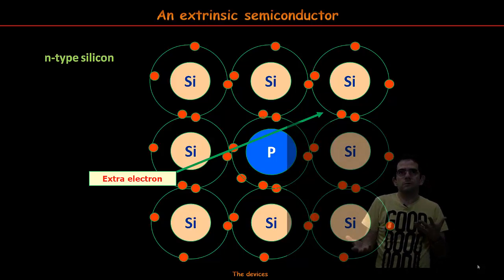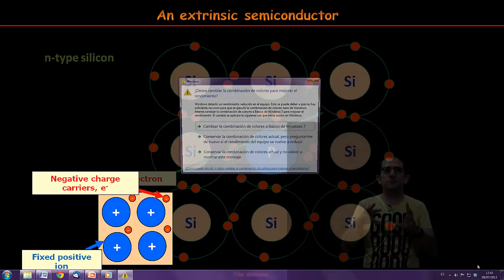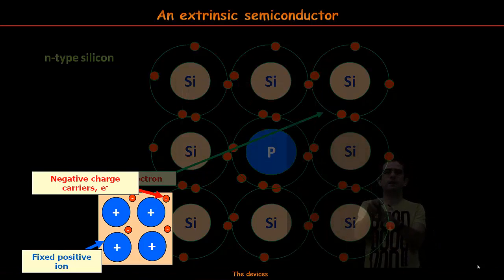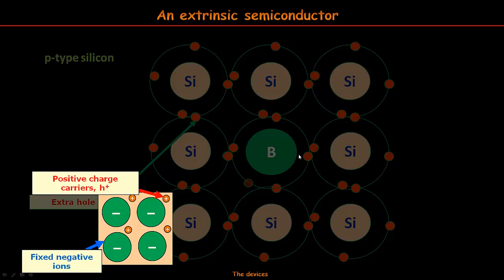So we can assume that an N-type semiconductor has positive ions mixed in with the silicon atoms structure, and electrons, free carriers, moving through the material. In the same way, a P-type silicon has some positive carriers, the holes, free to move across the silicon network, and a lot of negative ions that are fixed in the network.